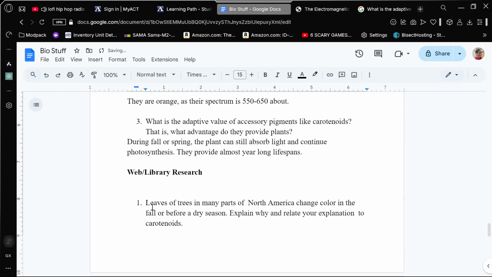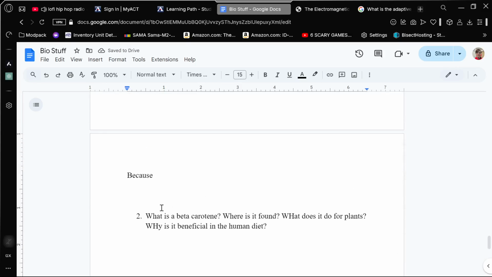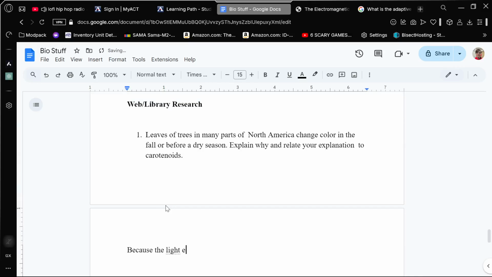Leaves of trees in many parts of North America change color in the fall. Because the light is... I would assume carotenoids allow more light to be absorbed during the fall when there is less sunshine.